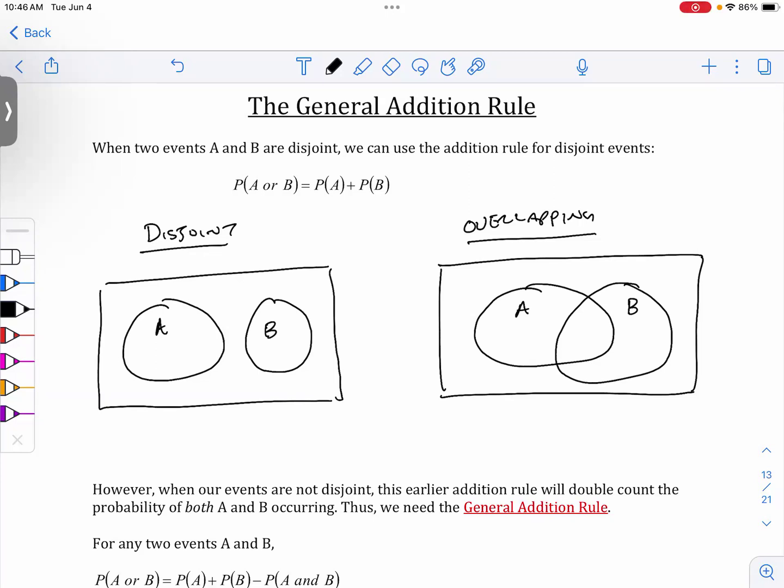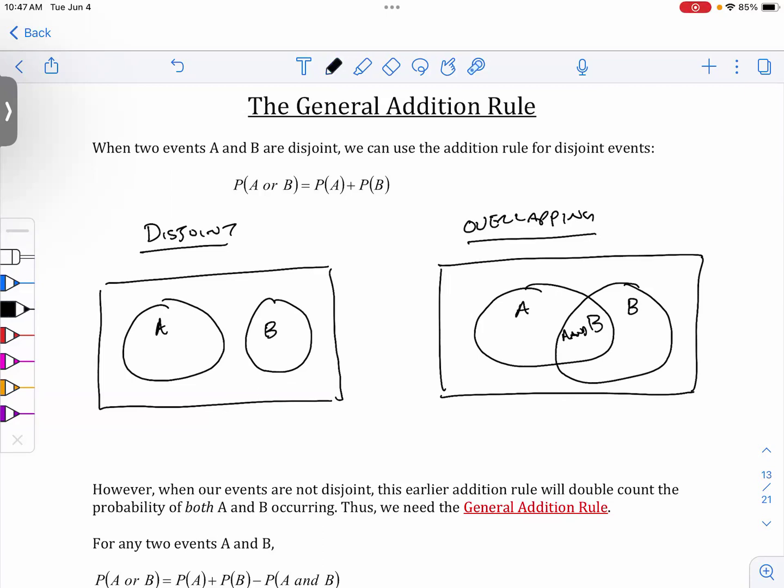Things that are overlapping is something like, I would like cream or sugar in my coffee, or both, right? And so you have an overlapping case here. This middle piece of this overlapping picture would be cream and sugar in my coffee. Can I have that? Yes. All right. So there's lots of situations of both of these, and it's really going to be context, as you read the problem: can they occur together or not?